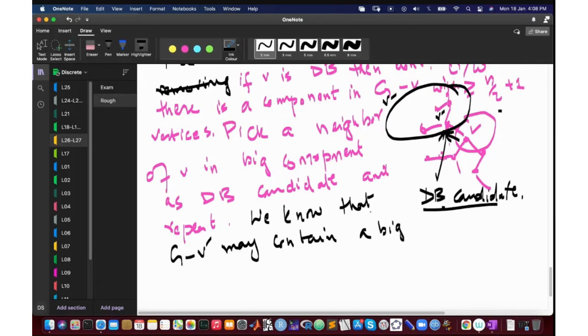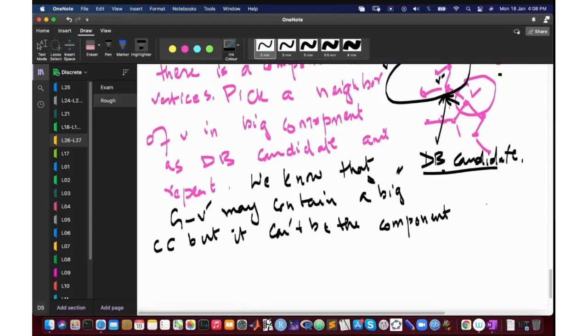Again, the definition of big is that it contains at least n over 2 plus 1 vertices. So it may contain a big connected component, but it can't be the component that contains V. Okay, how do we know this?